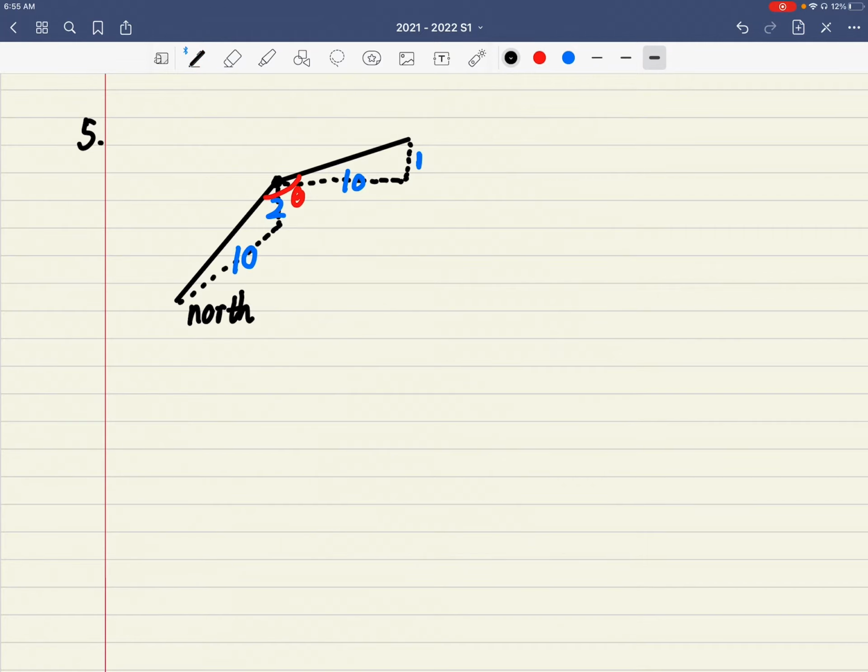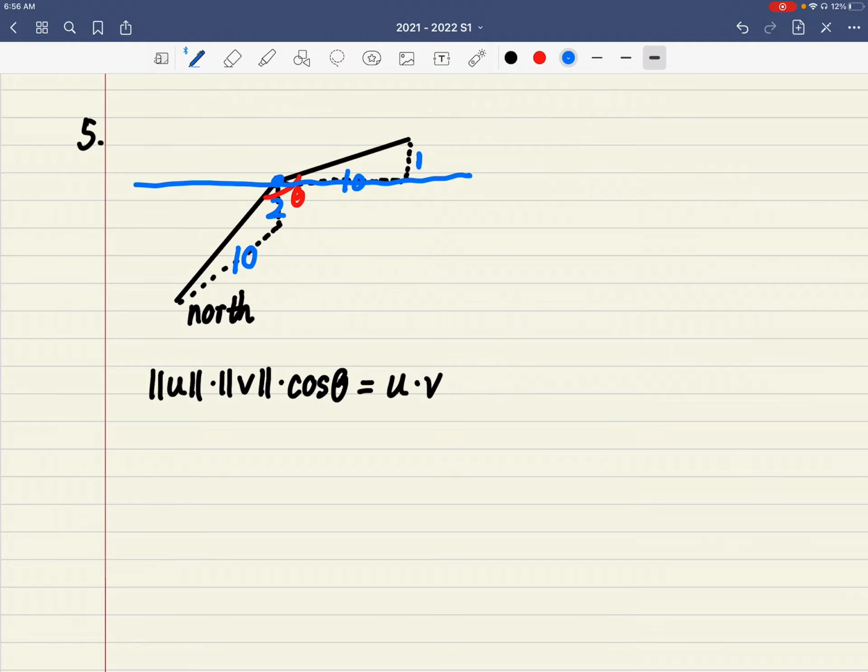So how can we get the theta? Remember, we have the dot product formula, and in the dot product formula, it's easy to get theta. So here we need to construct our own vector models, create our own three-dimensional coordinates. We can choose this to be our origin.